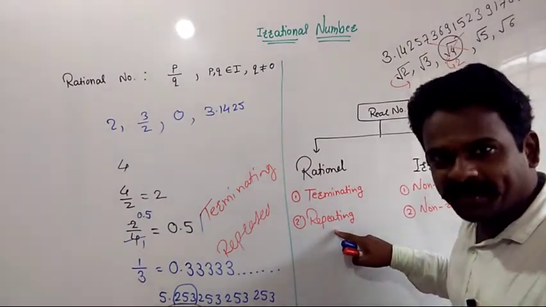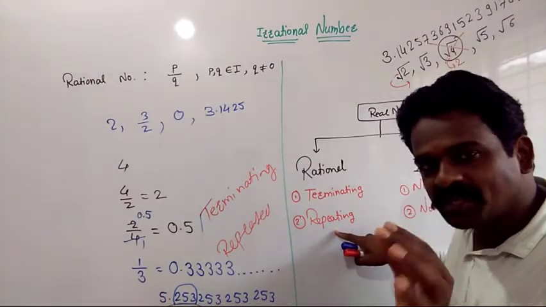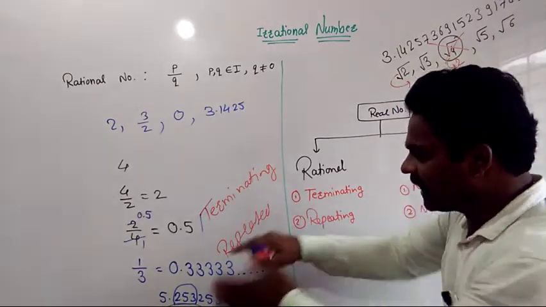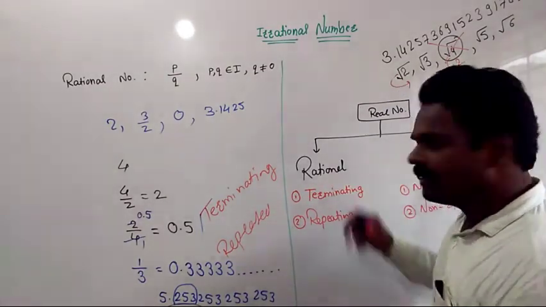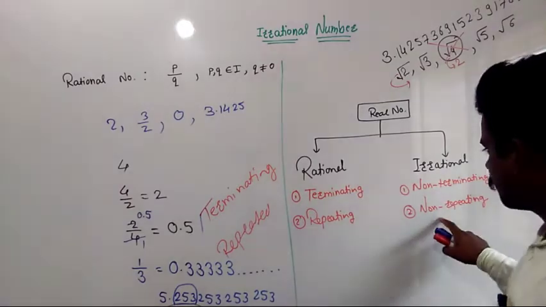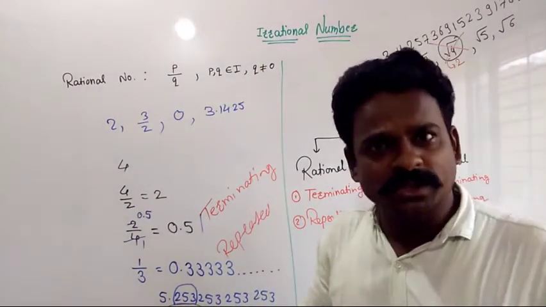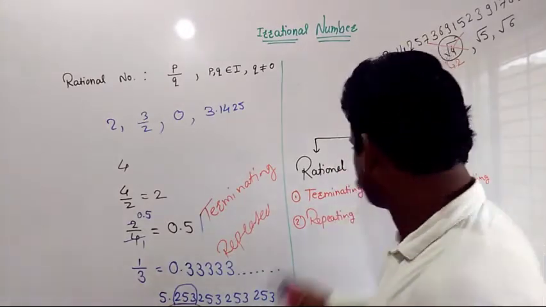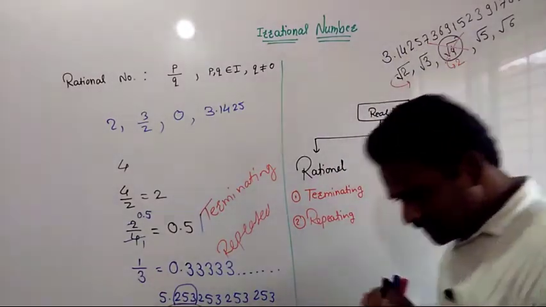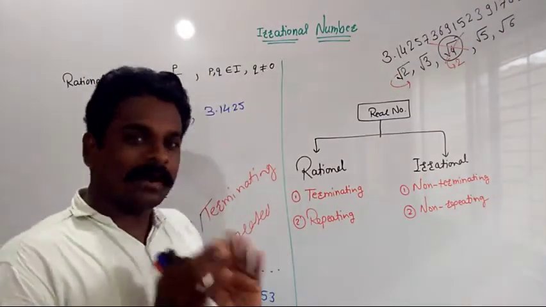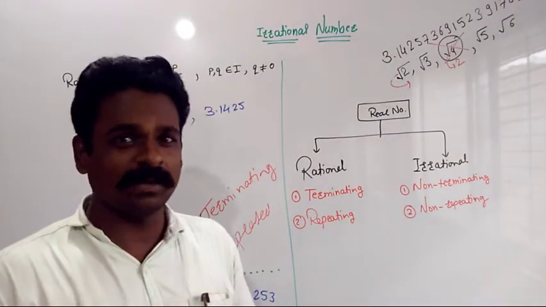Rational numbers are repeating, which means a digit or group of digits repeats after the decimal point. But irrational numbers are non-repeating. That's why they are called irrational numbers. So is it clear what a rational number is and what an irrational number is?